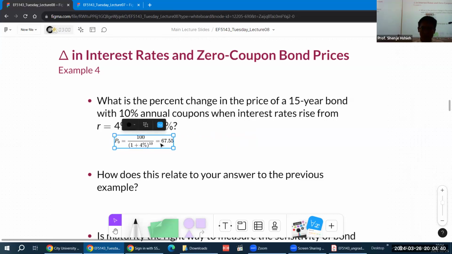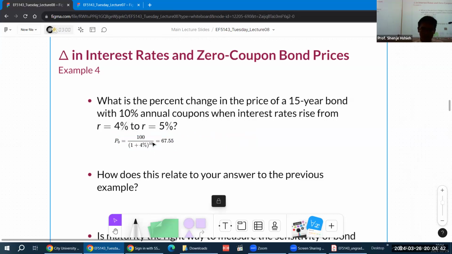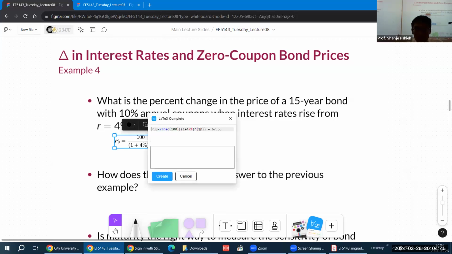So if we do that again, let me just quickly do this. Now we're talking about 15. Oh, this is going to be a little bit more complicated, so let me just write the formula. 10 over 4%, 1 minus 1 over 1 plus 4% to the 14th power.